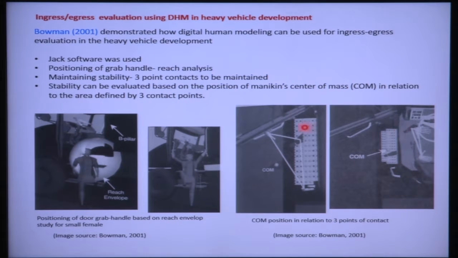With digital human modeling software, here they used JACK. They clearly demonstrated how, during the ingress egress process, by using these contact points and also the projected center of mass, stability can be defined, and accordingly the design can be improved.